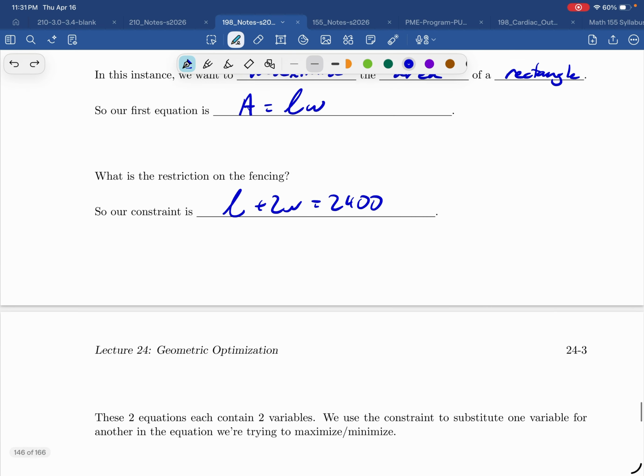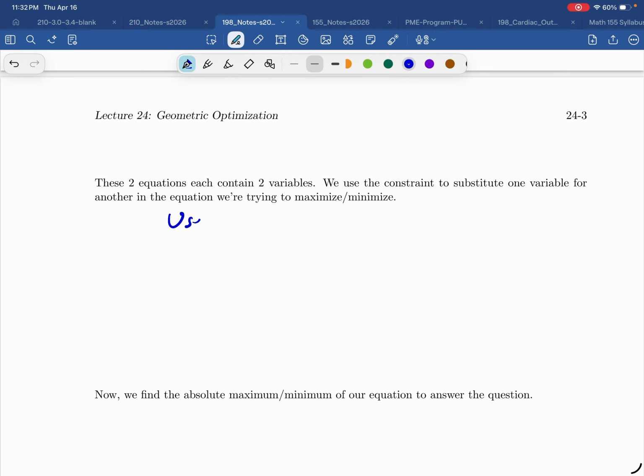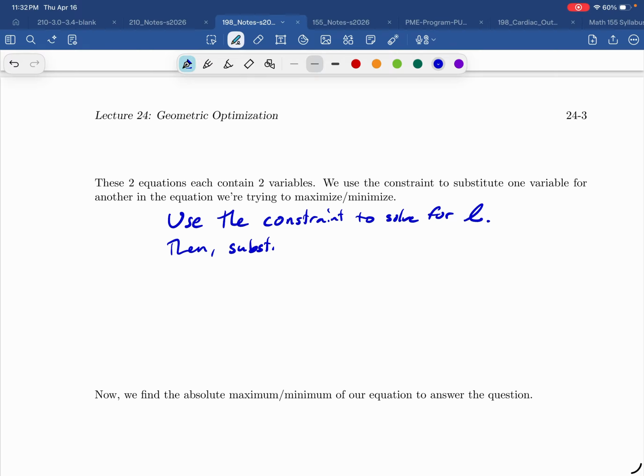So what we're going to do is use the constraint to solve for L, then substitute L into A equals LW, right?